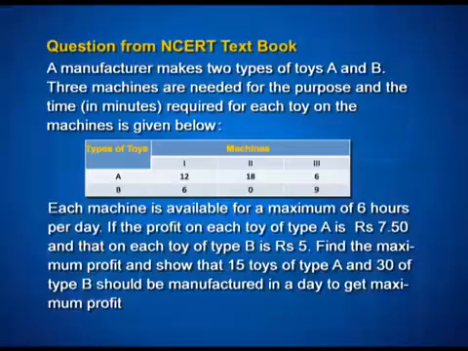Maximize profit, but how much profit we are going to make depends on knowing how much profit can be made on each toy of type A and each toy of type B. So, on one toy of type A, rupees 7.50. So, if there are x numbers of toys of type A, then the profit is going to be 7.5 times x.